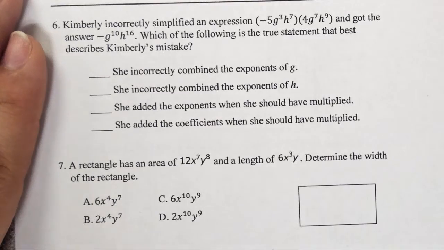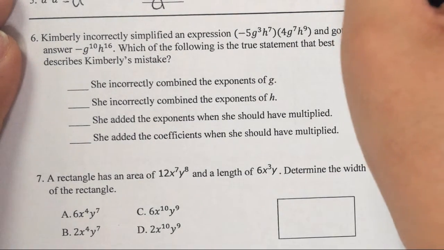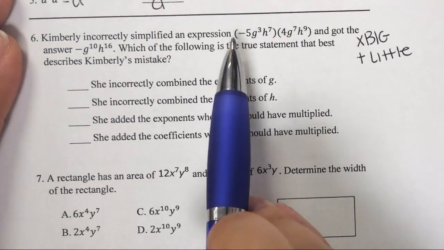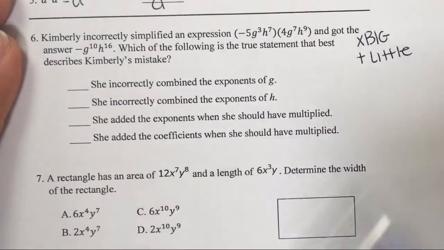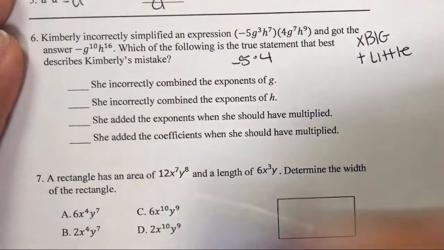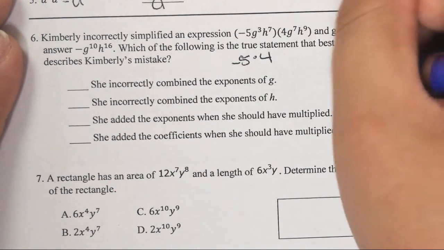What are they doing? Yeah, I got multiplying. So what's the rule for multiplying? Multiply the big. And add the little. So what is my big numbers? Negative 5 and negative 5 times 4. That's negative 20. Did she get negative 20? No. So she started off pretty wrong there.